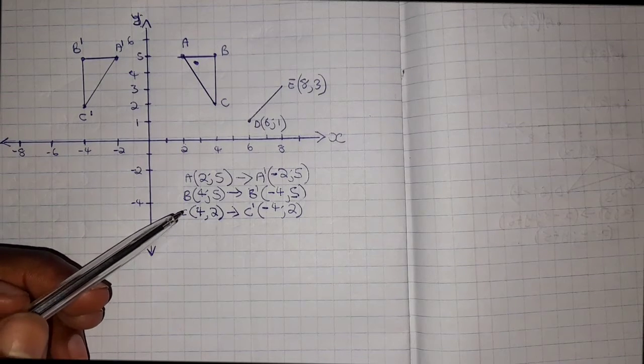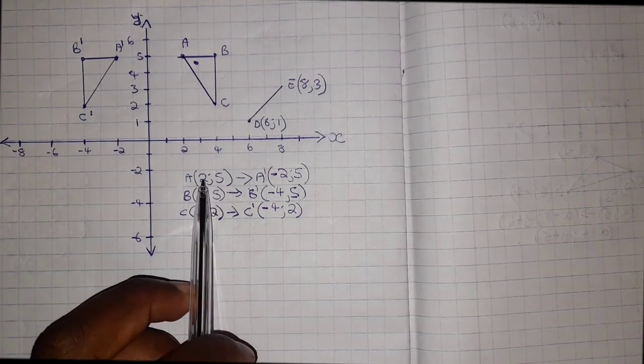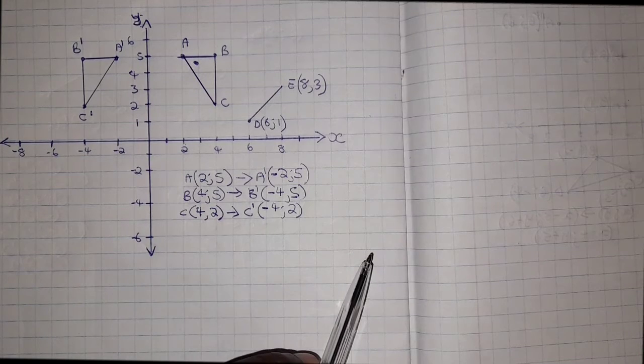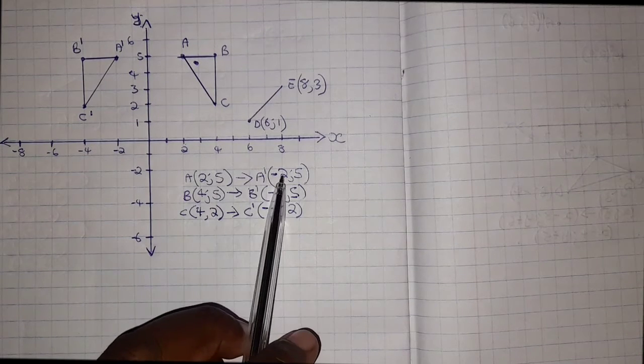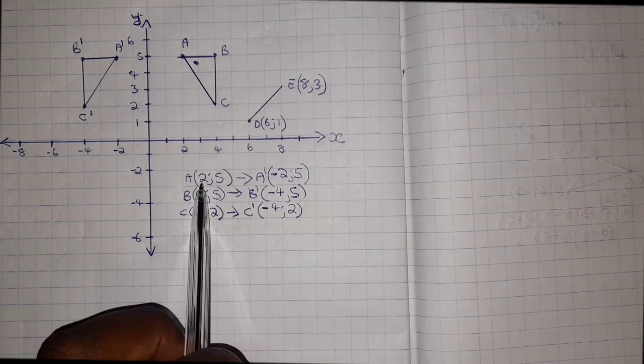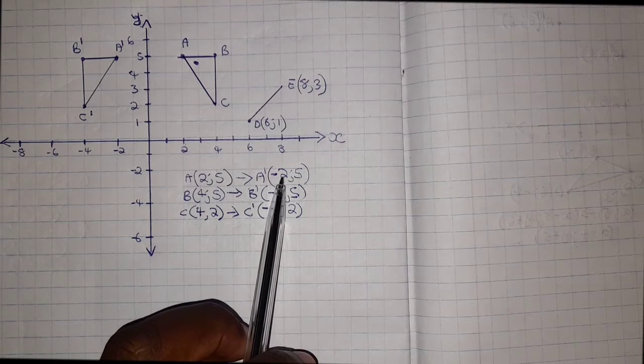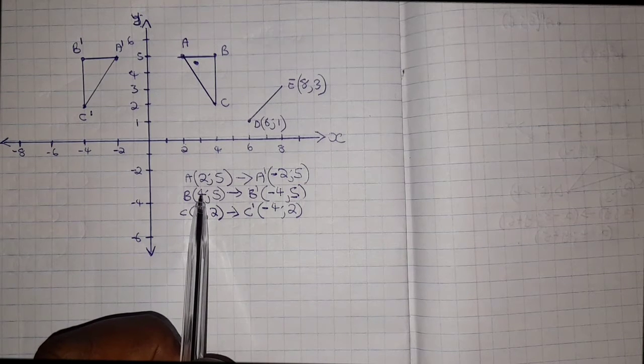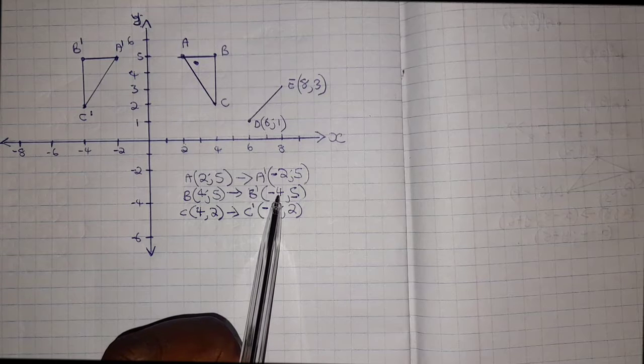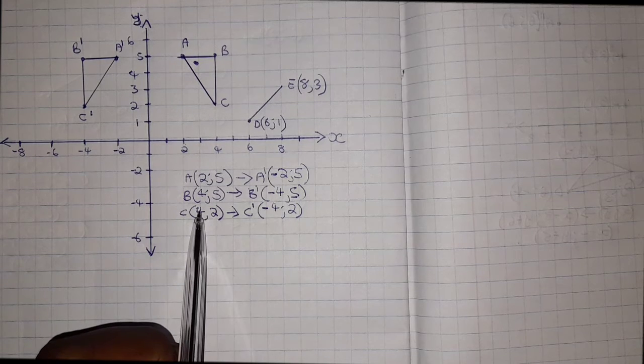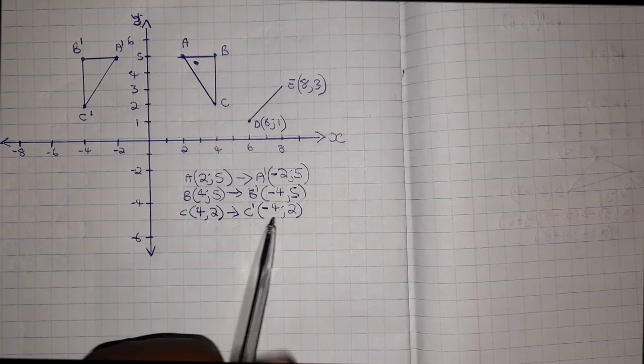All right, this is what I want you to take note of. The y-coordinates 5, 5, 2 stay the same. The only difference is the sign. This was +2, it becomes -2. This was +4, it becomes -4. This was +4, it becomes -4.